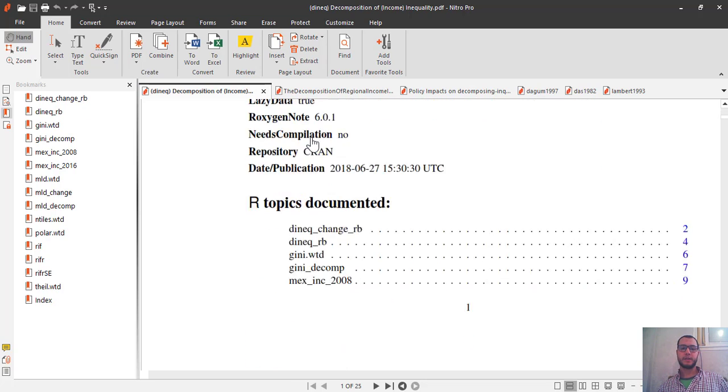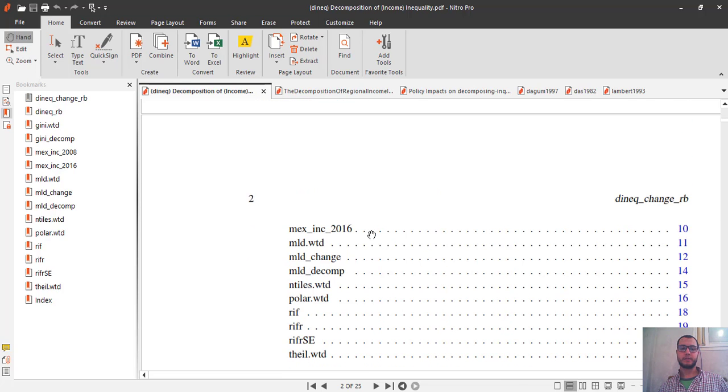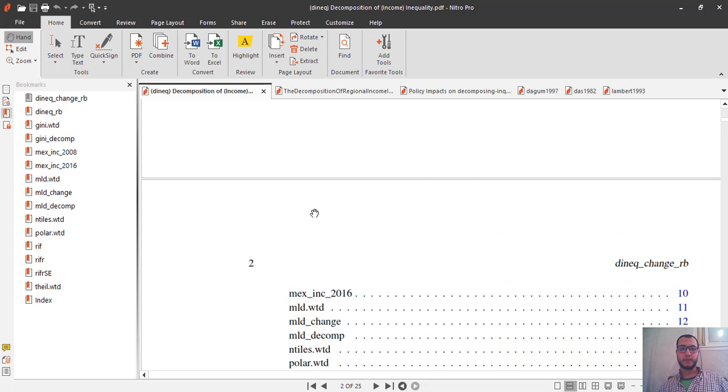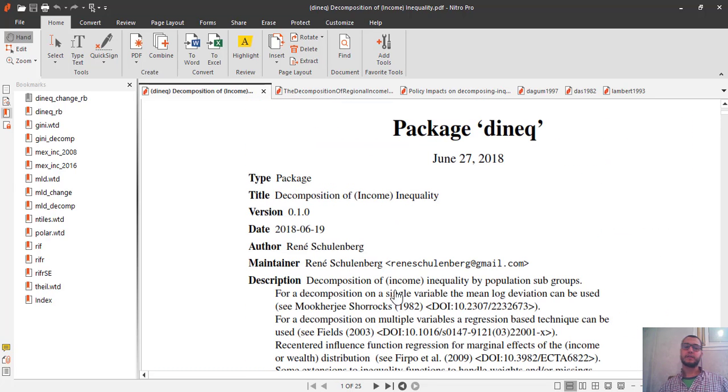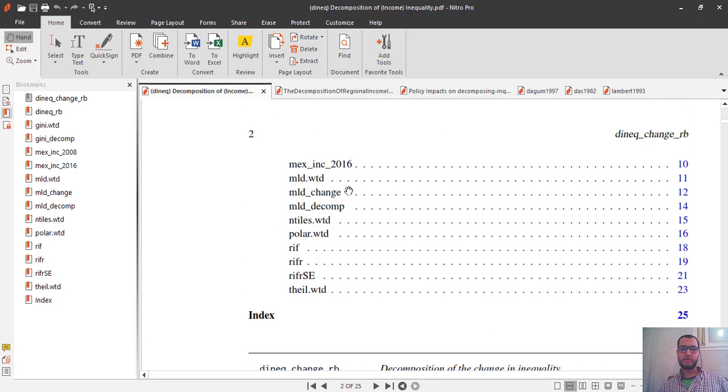So the package can decompose the Gini, and you can also decompose, for example, the Theil index, Theil coefficient, or the mean log deviation.